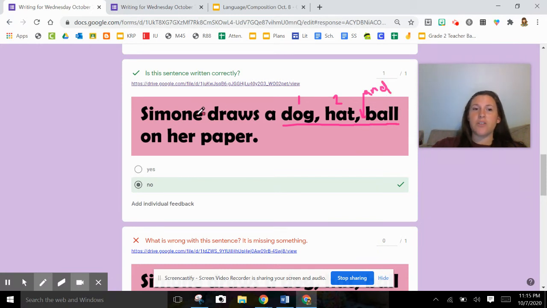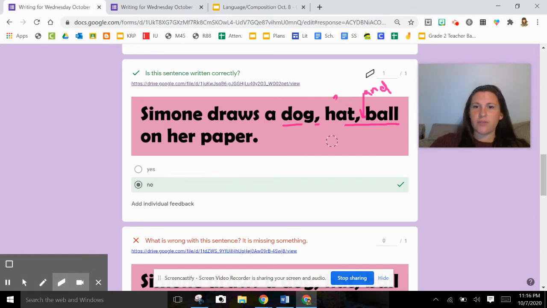So really the sentence should say Simone draws a dog, hat, and ball on her paper. So it looks like maybe she's drawing a picture of her playing ball with her dog outside in the yard and it's sunny, so she needs a hat maybe. But regardless, if there's a list of things in a sentence, it has to be written a certain way, and this one is not. It's missing that and. So the answer is no. That sentence is not written correctly.